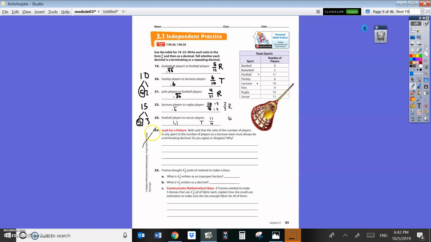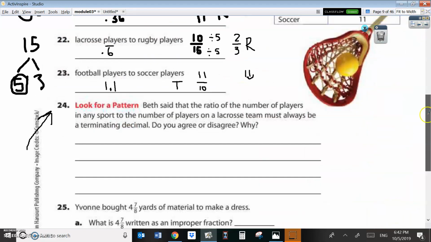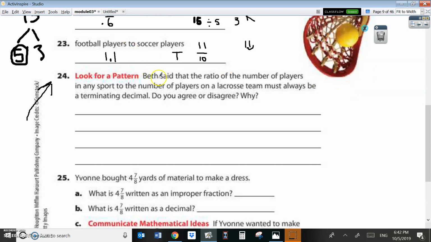So look at problem 24. Beth said that the ratio of the number of players in any sport to the number of players on a lacrosse team must always be a terminating decimal. Do you agree or disagree?